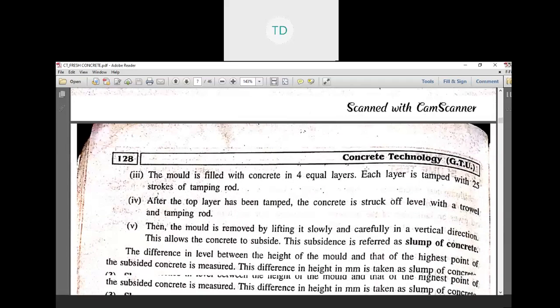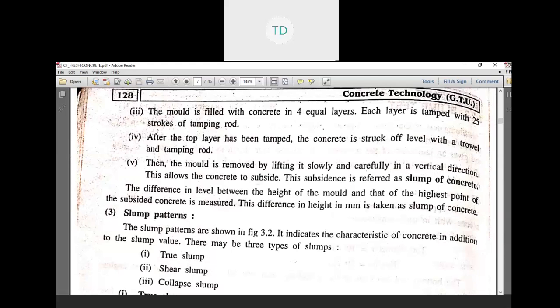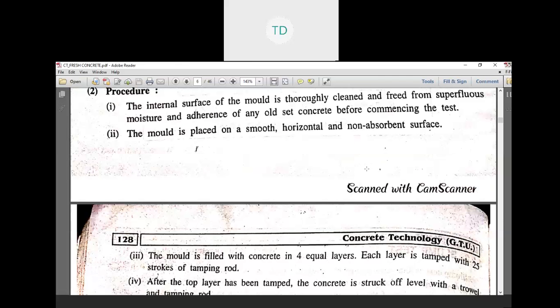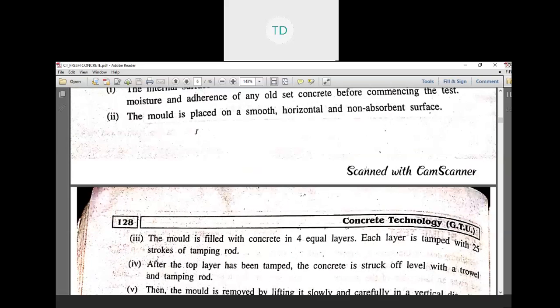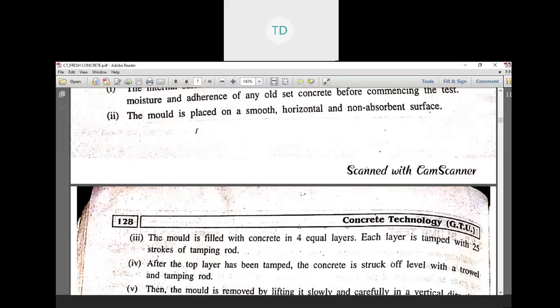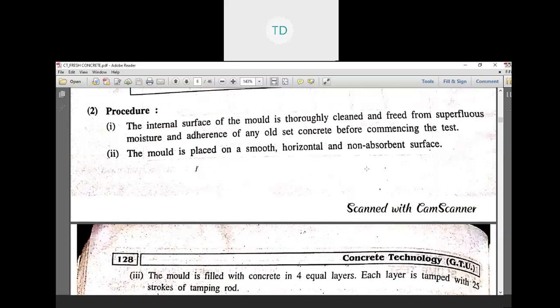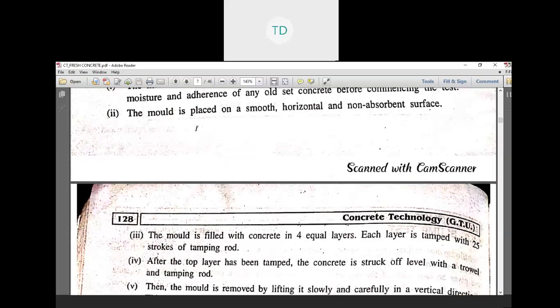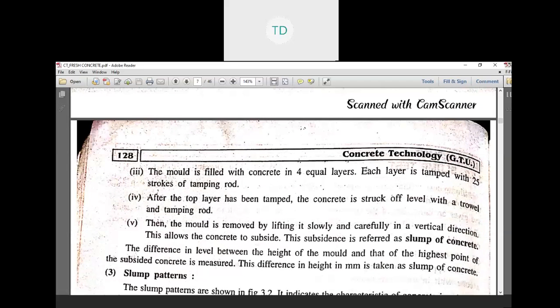Let us see the simple procedure of the slump test. The internal surface of the mold is thoroughly cleaned and freed from superfluous moisture and adherence of any old set concrete before commencing the test. The mold is placed on a smooth, horizontal and non-absorbent surface. The mold is filled with concrete in 4 equal layers.